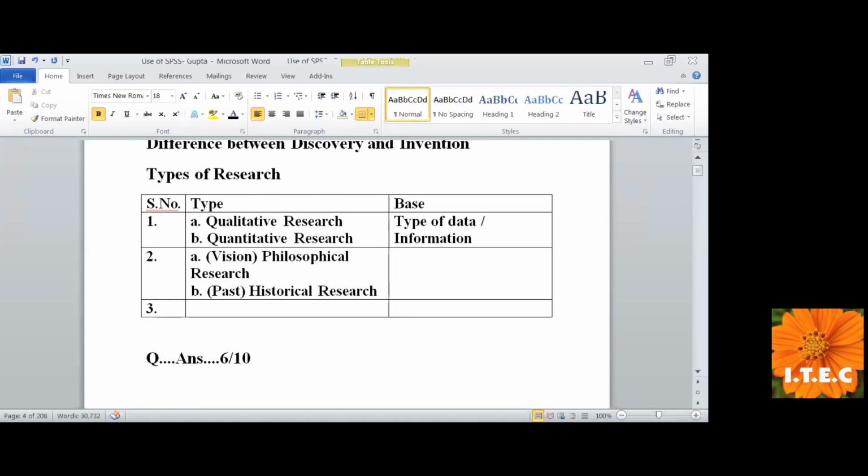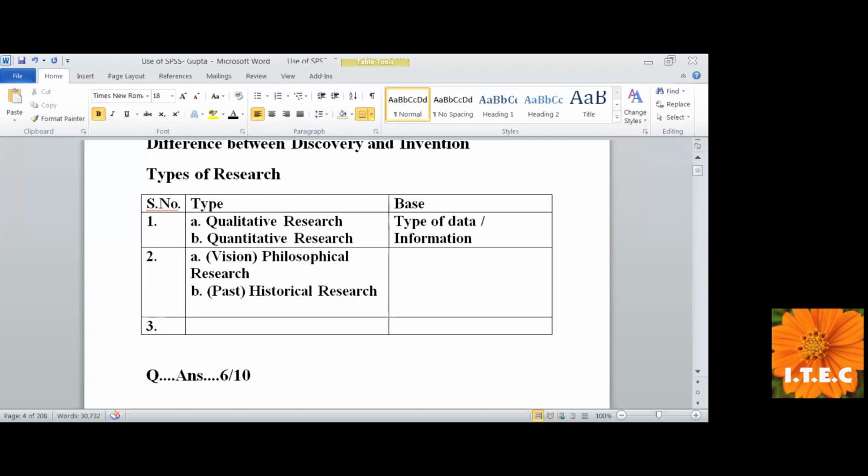Now, if you want to find out how the pandemic started, how this COVID-19 virus came and from where it came, and you want to do research of that type, it has to be historical research, because you go to the past.